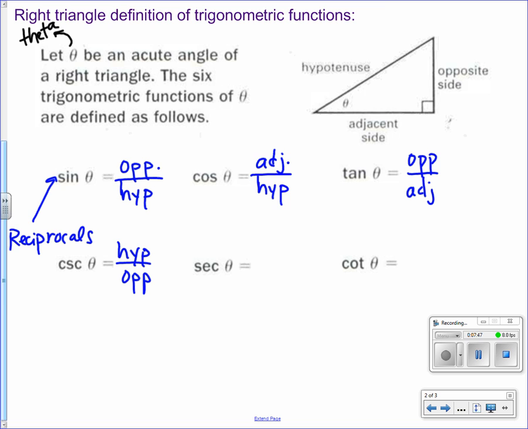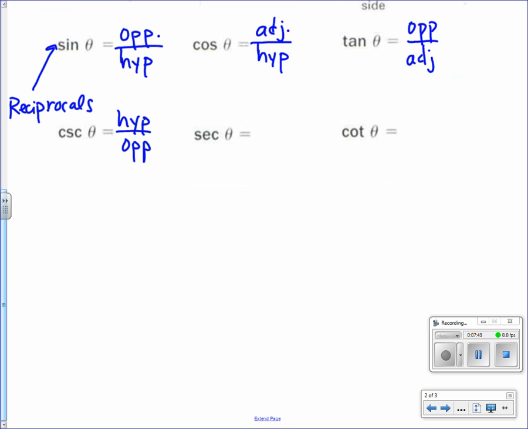So instead of being adjacent over hypotenuse like cosine is, secant will be hypotenuse over adjacent side. And cotangent, this one's easy to remember that they're reciprocals, but it's the reciprocal of that, so it'll be adjacent over opposite.